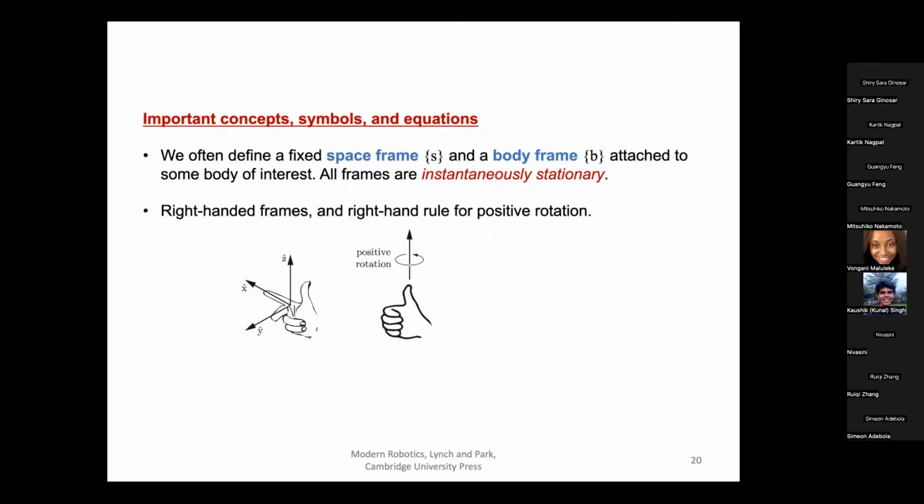By the way, all this stuff here, I'm stealing slides from this Lynch and Park book, which has lectures on YouTube which you can watch. There's this book you can buy. There's also the book from my colleague Shankar Shastri, which has all this and more. So either of these textbooks cover this in great detail.